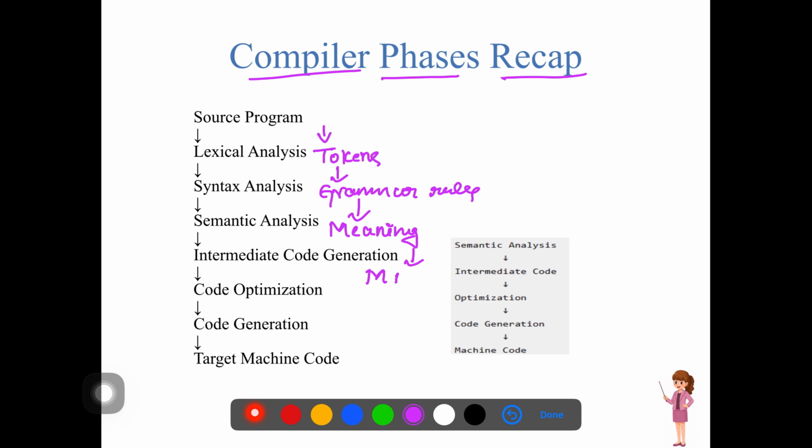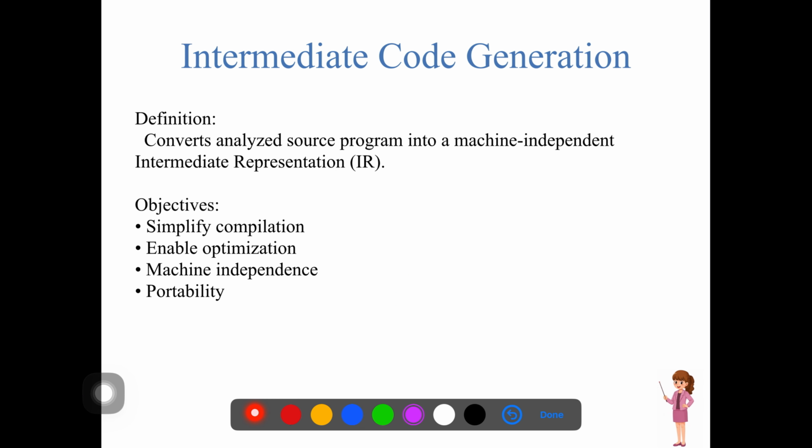Then it is given to the intermediate code generation, where it creates the machine independent representation. Code optimization, the next phase, improves the efficiency without changing the output. And code generation converts the optimized code into the machine code. In this video we will focus on the last three phases. Let's go into the next slide.